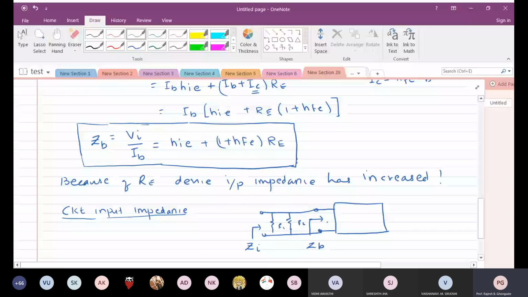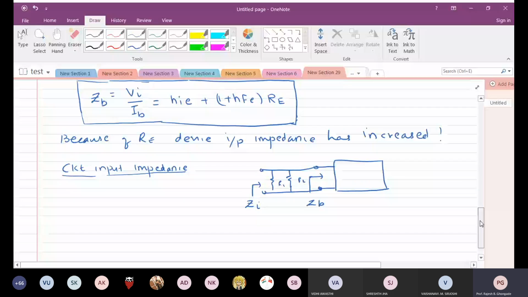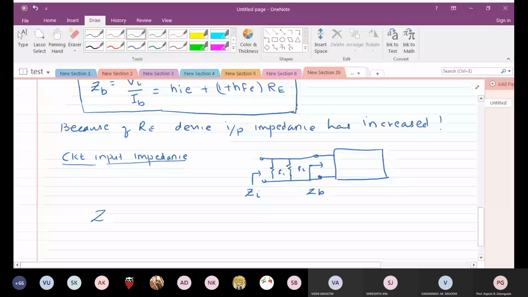So what do you think will be the circuit input impedance ZI finally? This guy in parallel with this guy in parallel with this guy. That's it. It will be R1 in parallel with R2, in parallel with ZB. That is it.